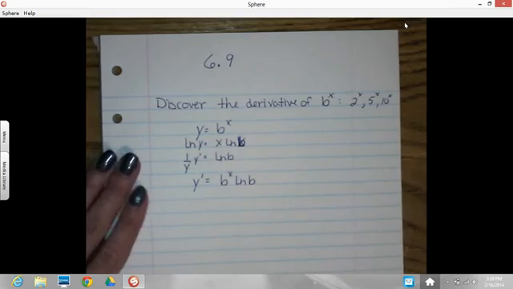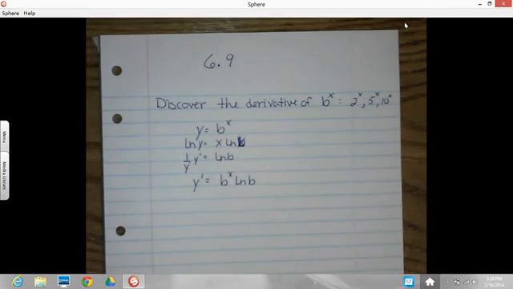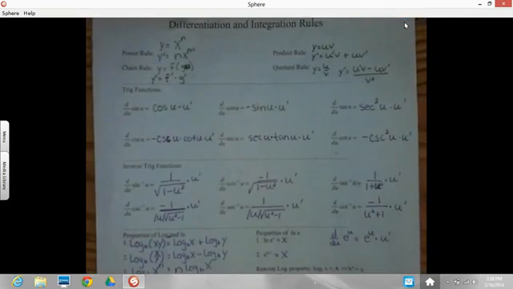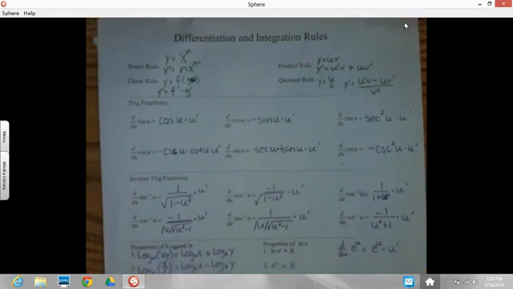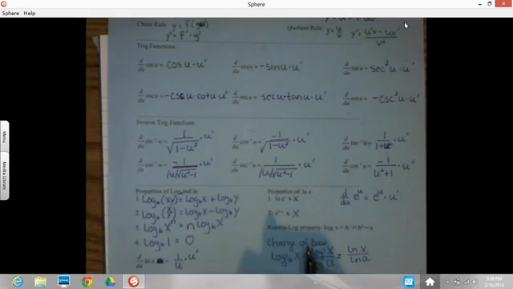So, on your blue sheet, we're going to put this derivative. I'm not sure where we want it. I'm going to stick it in here, wherever you have room.